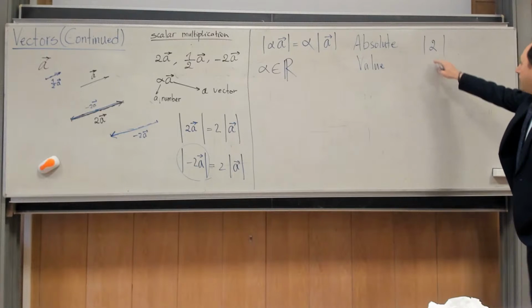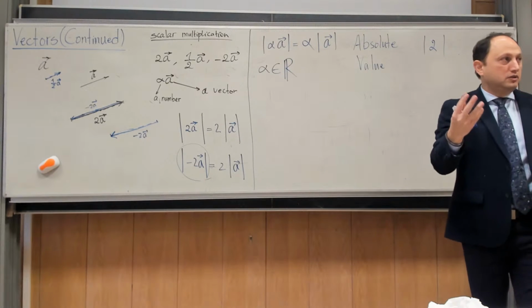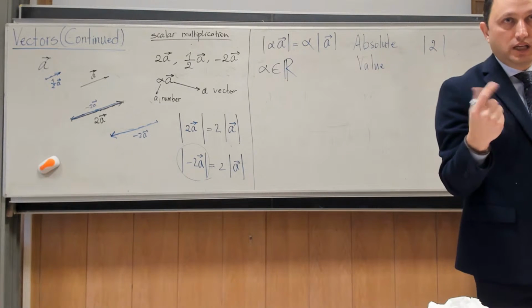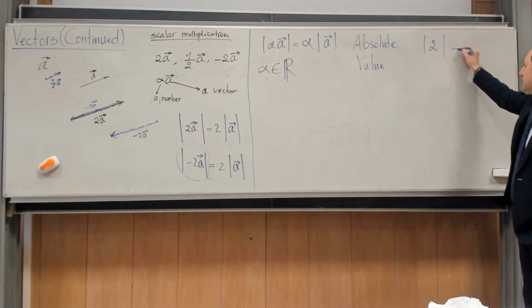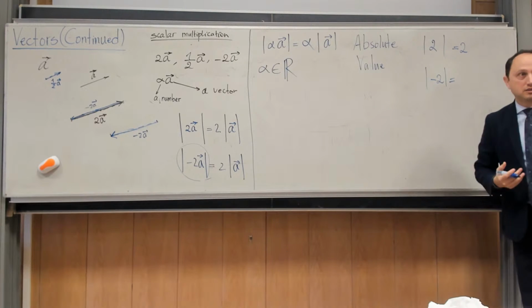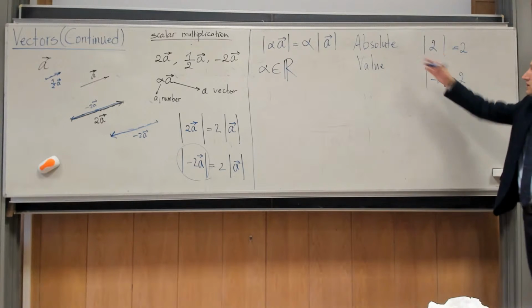The absolute value of a number is the magnitude of the number regardless of its sign. Its size is important. So if I ask you what is the absolute value of 2, you would say it is 2. If I say what is the absolute value of -2, how big -2 is, regardless of the sign? 2 again. So this is called absolute value.